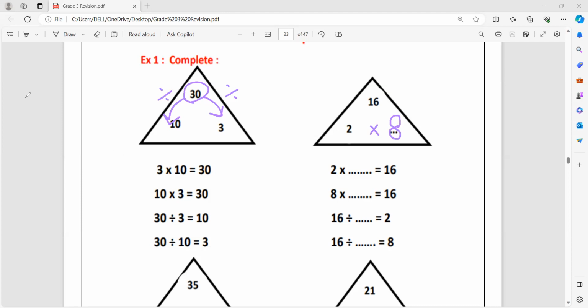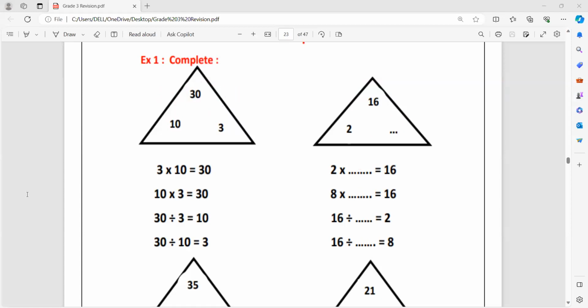It means that we can write that 2 times 8 equals 16 or 8 times 2 equals 16. If I want to make division, I'm going to start with the biggest number, 16 divided by what gives me 2? The answer is 8. So we will write here 8. 16 divided by 8 equals 2, or 16 divided by 2 equals 8.